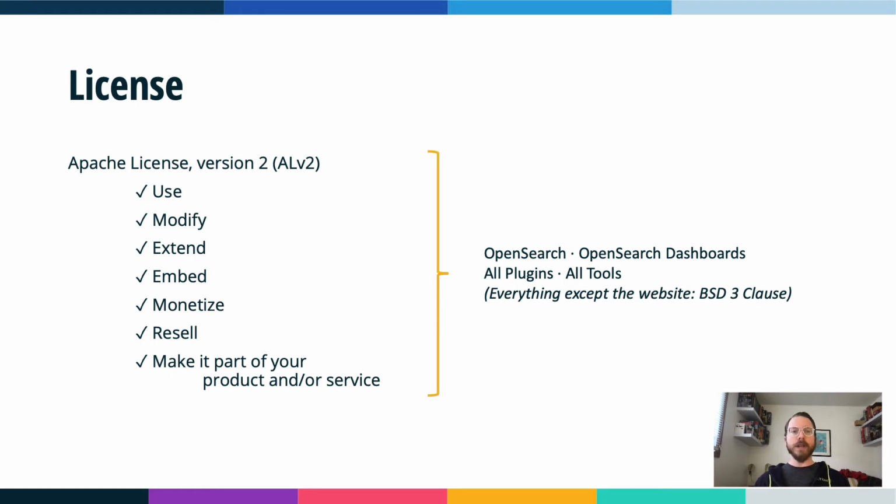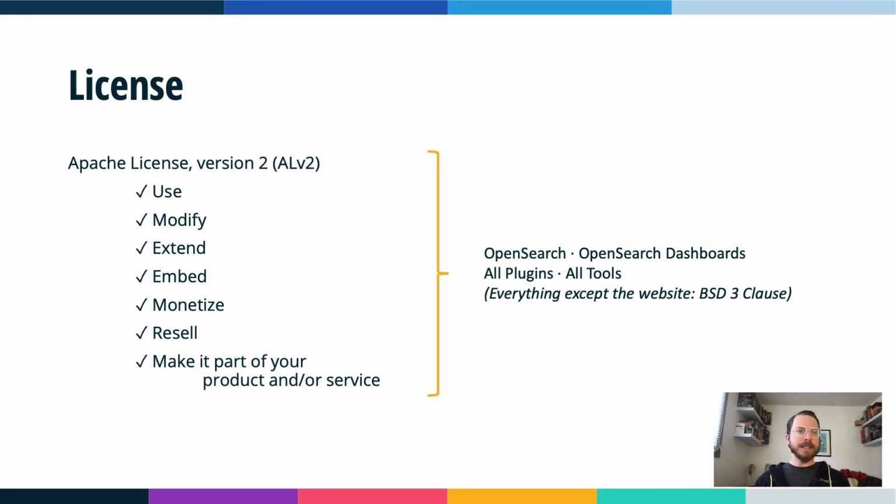So in our case, Apache License Version 2 provides the best of most worlds and makes it really usable in both commercial and completely open source projects without any onerous requirements, like contributing code back. It enables you to do all these different things with it.